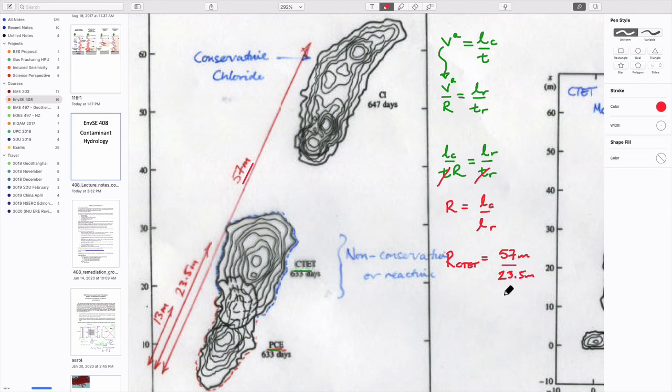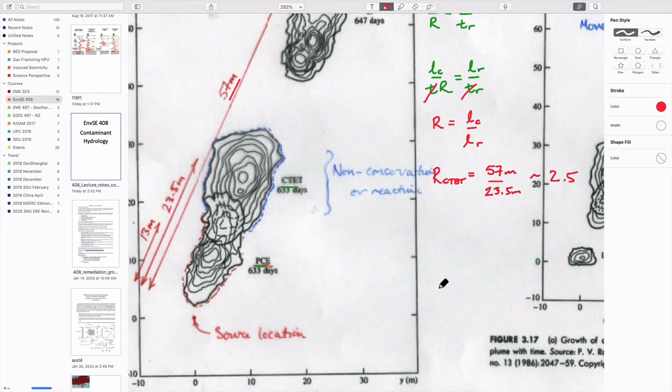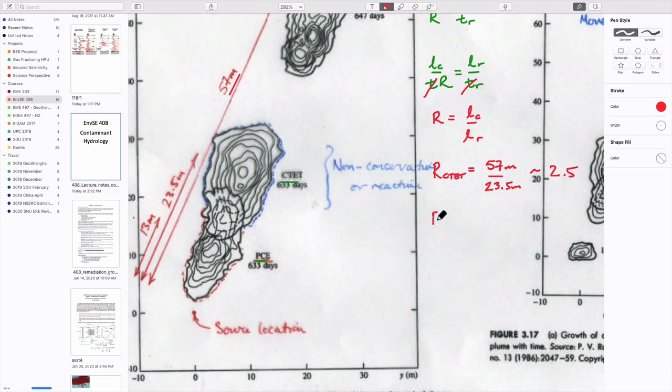2 times 23.5 is 47. So this is about 2.5, of that order. You can do the math. And for the other system, for PCE, it's also going to be 57 meters traveled divided by 13 meters. 3 13s are 39, 4 13s would be 52, is that right?